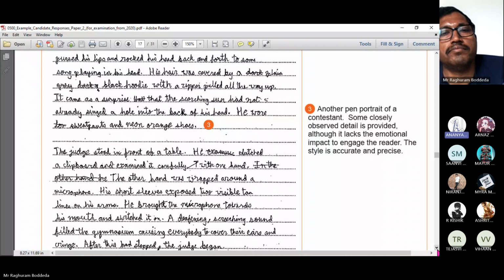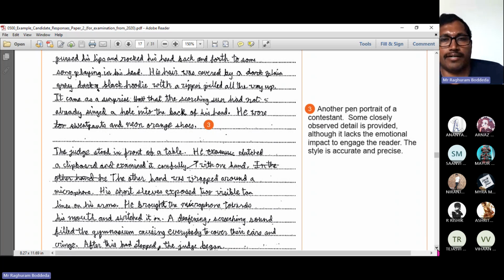It came as a surprise that the scorching sun had not already signed a hole into the back of his head. He wore sweatpants and neon orange shoes.